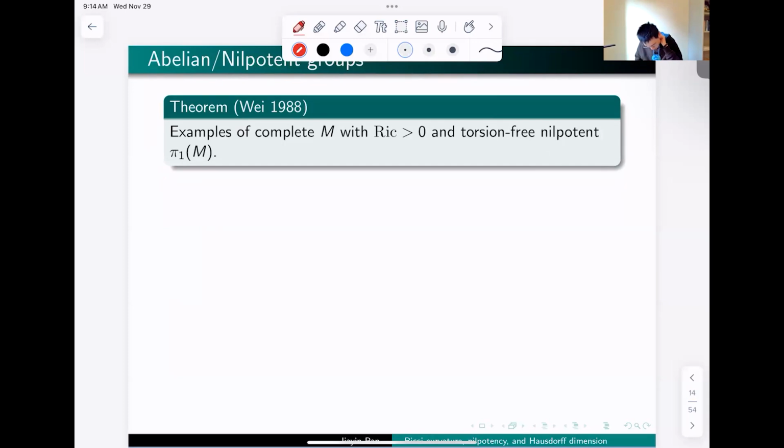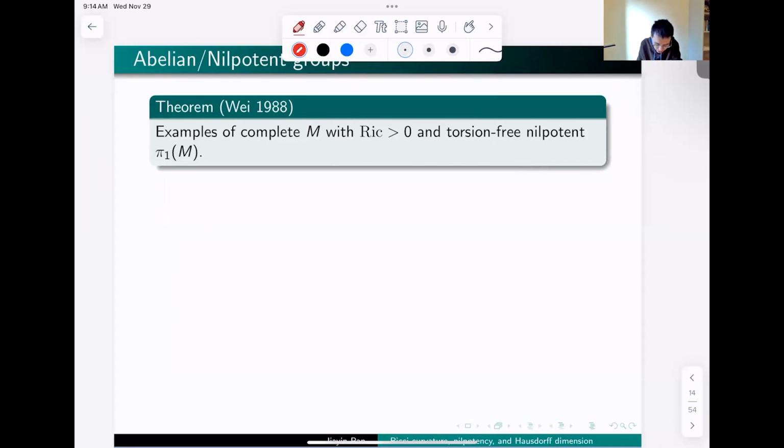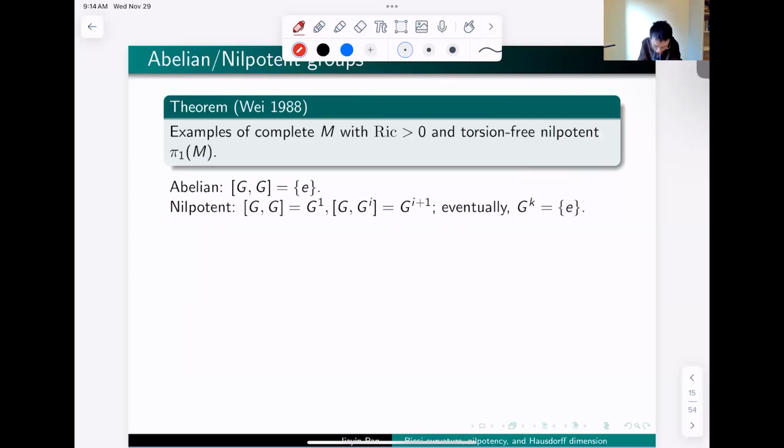And let's also take a look at Guofang's example. That's where you have positive Ricci and torsion-free nilpotent fundamental group. In particular, let's recall that nilpotent is the next best thing you can have after being abelian, which means after doing finitely many commutators, eventually you get the identity.